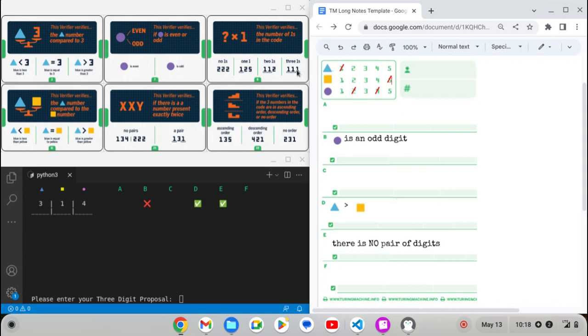Obviously it can't have 3 anymore, and no pair. So that may be a good idea to carry over into our new proposal, that there might be a 1. And then there's the ordering. So what went wrong with B? B means that this should be an odd digit.